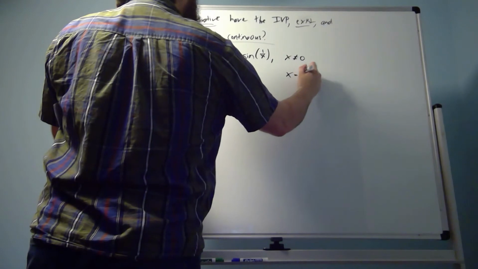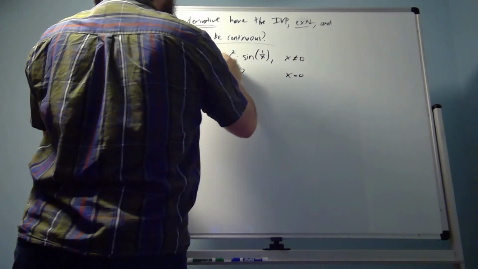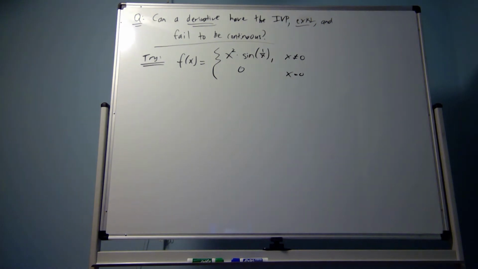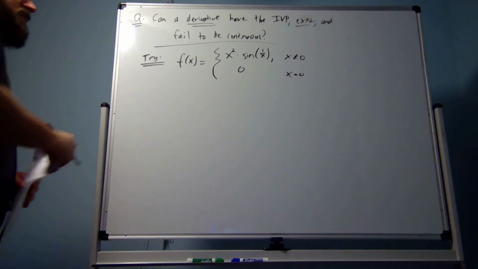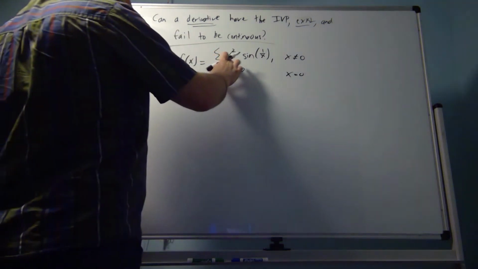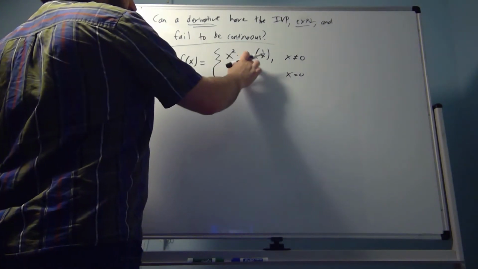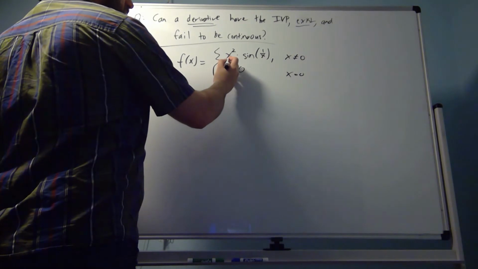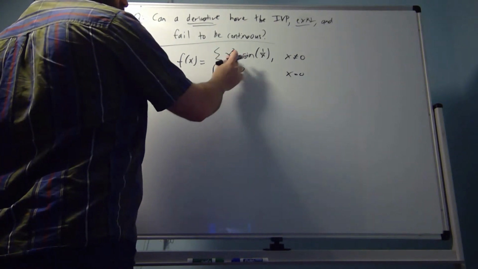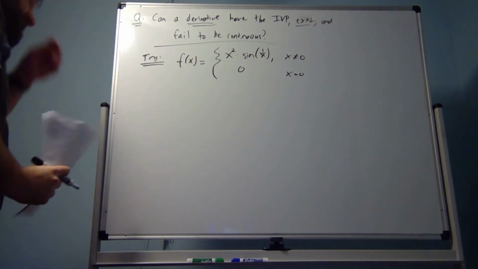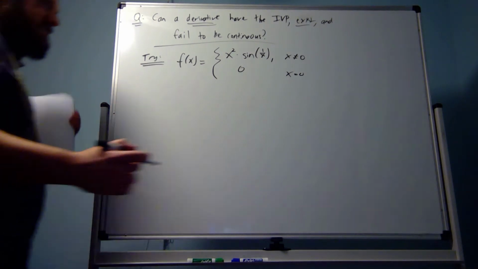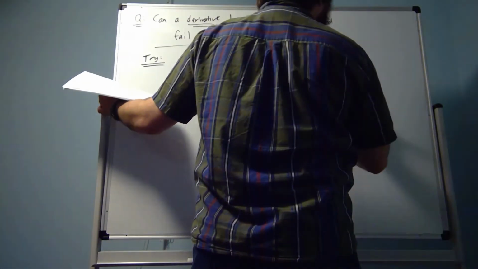And again, clearly, if you're good at Calc 1, what happens is we have something that's between minus 1 and 1, and the whole thing's in between plus or minus x squared. Either way it approaches 0. That's a quick sketch.